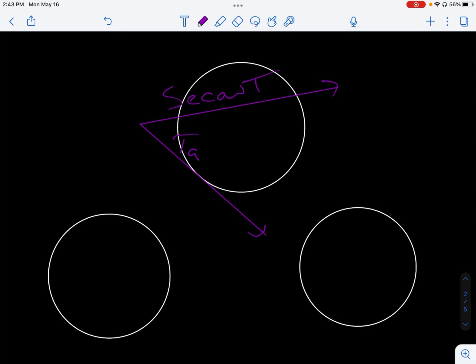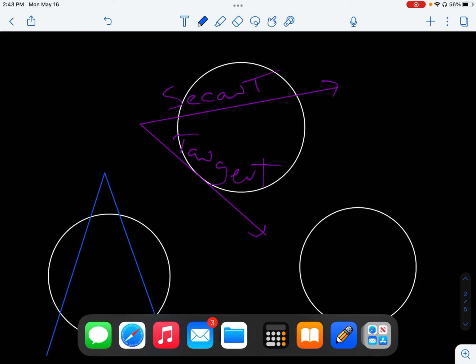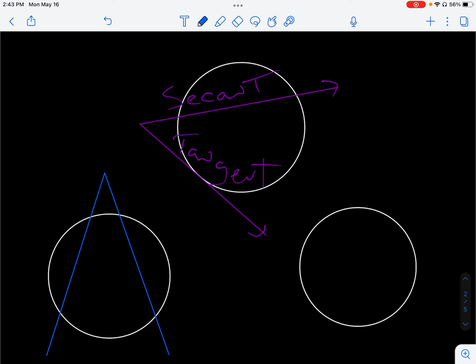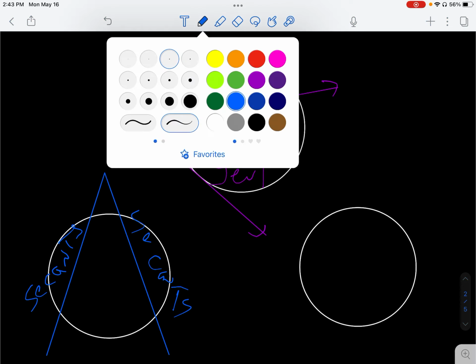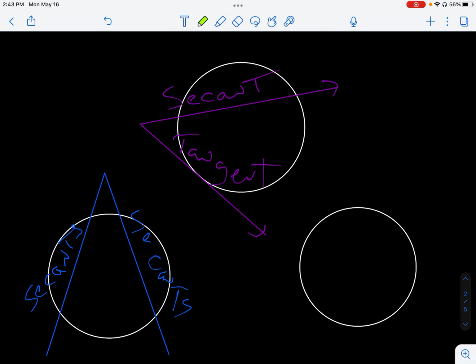we can have a secant and a tangent. We can have two secants, or we can have, let's do green, two tangents.